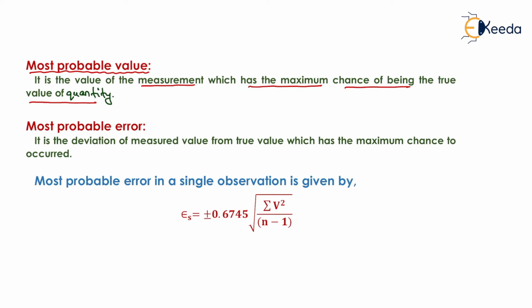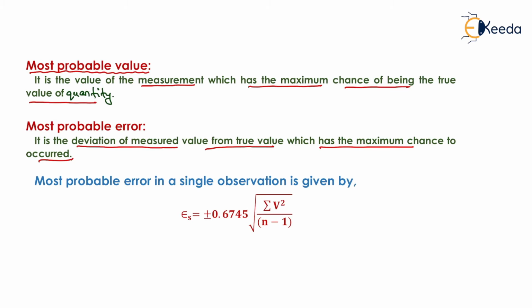Now we want to calculate the most probable error. Now what do you mean by most probable error? It is the deviation of measured value from the true value which has the maximum chances to occur.